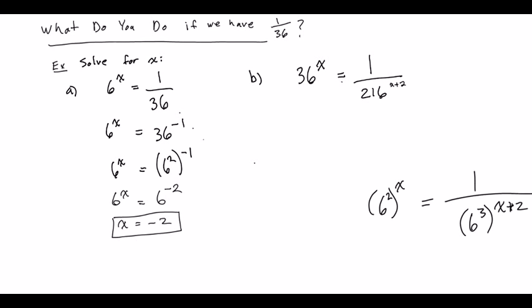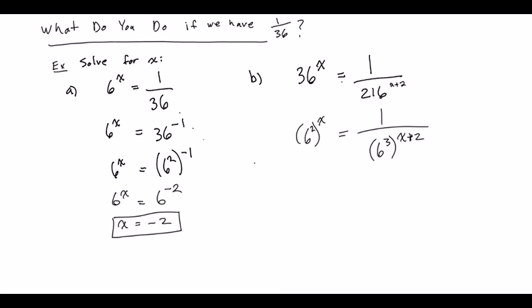And now we have to perform power of a power on each of these base 6's. On the left side we get 6 to the 2x is equal to 1 over 6 to the 3 times x, which is 3x, and 3 times 2, which is plus 6. So now we don't really have what we're looking for.